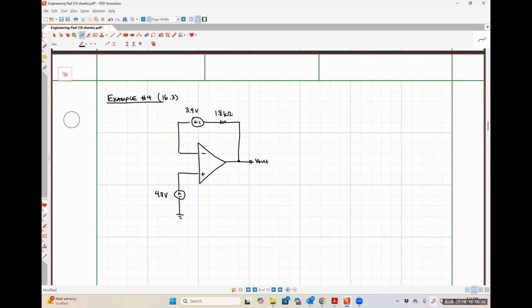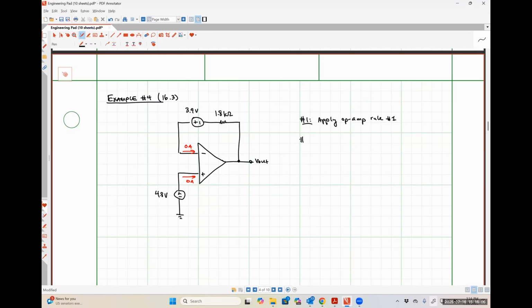So what we're going to do is something really similar. Okay. So first step is going to be apply op amp rule number 1. So here is our current. 0 amps flowing into both of our input nodes.